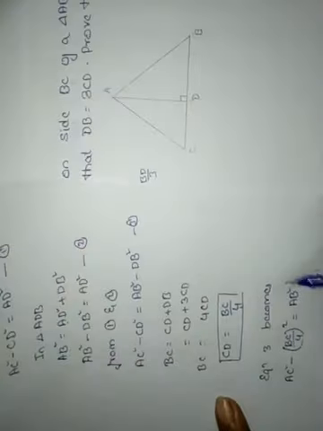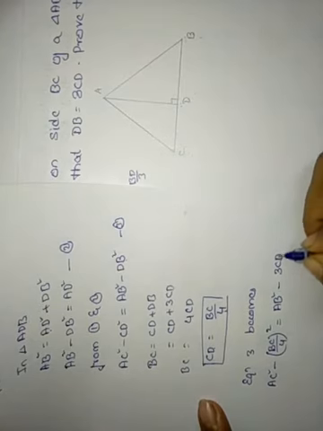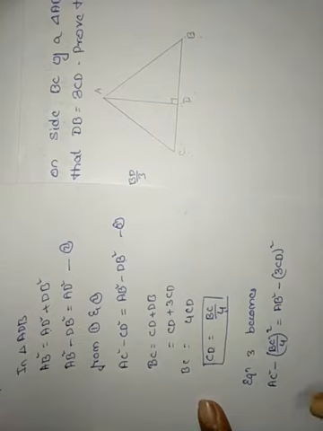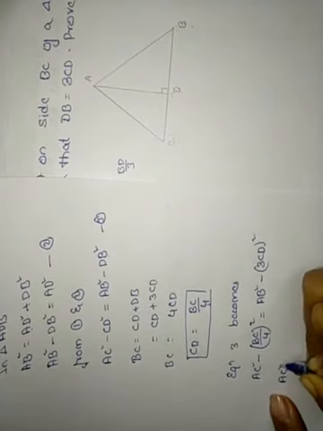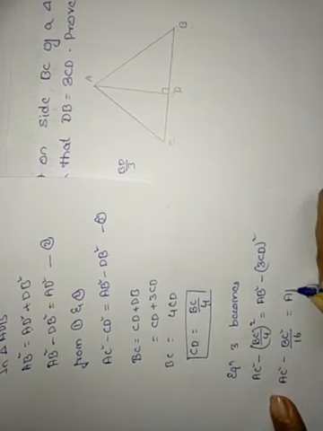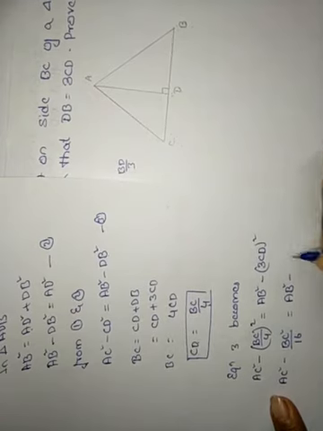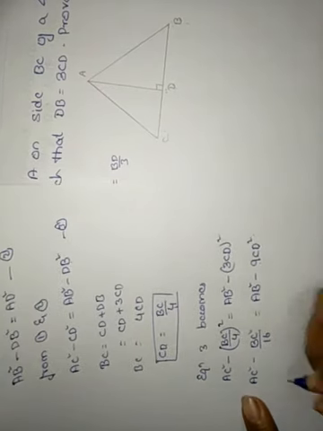We replace it here, 3 times CD, and this is whole square. Now AC square minus BC square divided by 4 fours are 16 is equal to AB square minus 9 CD square. 3 3s are 9 into CD square.